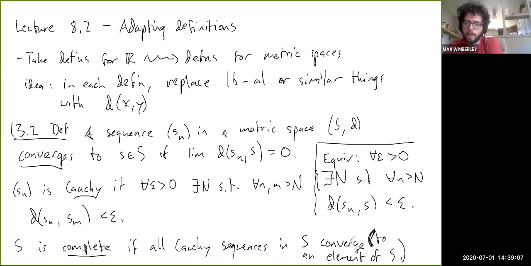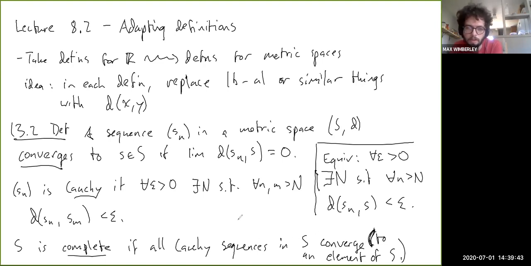This actually is kind of misleading wording, or maybe there's sort of a red herring here, which is a technical thing: you can have a metric space which can also be considered a subset of another metric space, right? So let's say, for example, the rational numbers, with the normal metric of the absolute value of the difference. The rational numbers form a metric space, and they are a subspace of the real numbers. The rational numbers are not complete in this sense because there are Cauchy sequences of rational numbers which don't converge to a rational number, right?